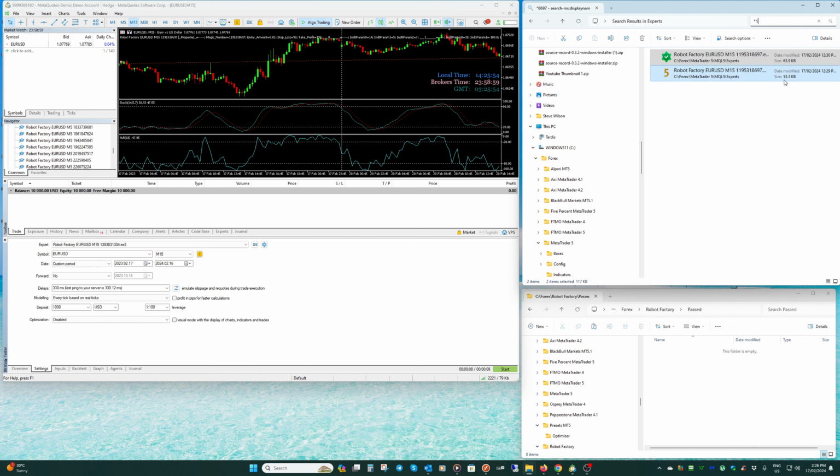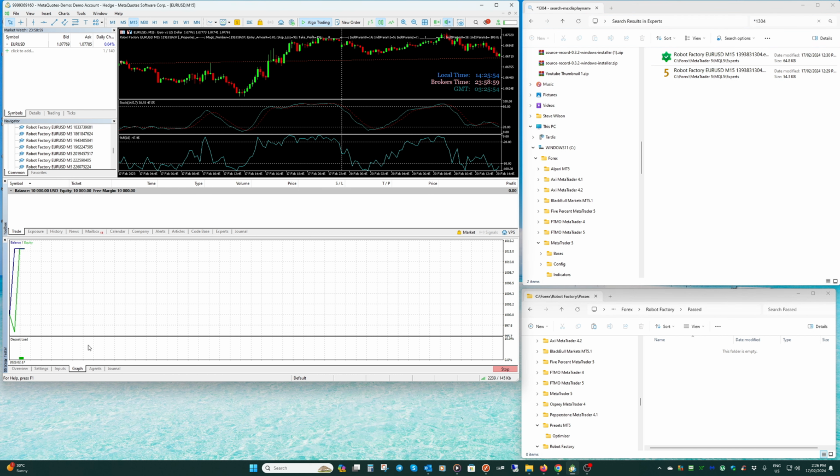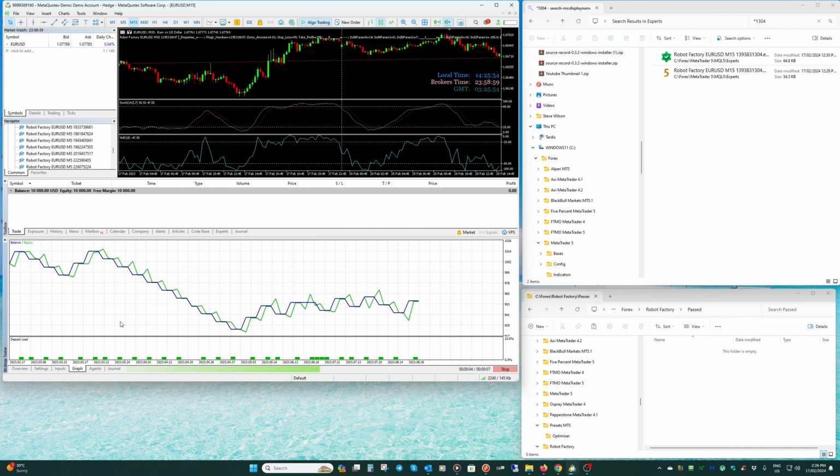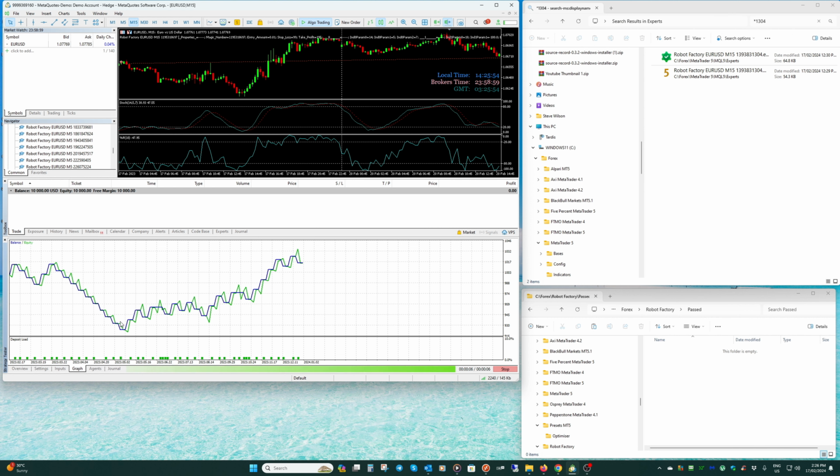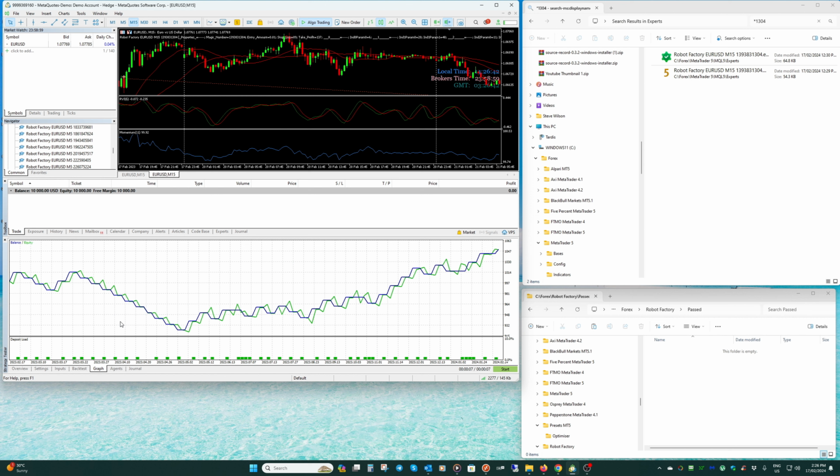Okay, next we've got also on the M15 chart. See if we get a better result from this one. Okay, this one, the result is positive, but there was a very long losing streak here, which I don't like.